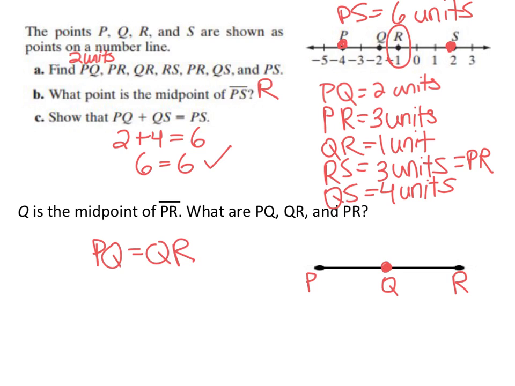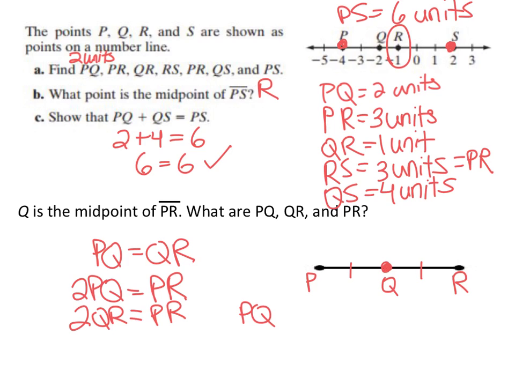This also means that if I double PQ, it must equal PR, because if this is half and this is half, doubling it would give me the whole. Or I could double QR, and that would give me PR. Or by the segment addition postulate, PQ plus QR has to give me PR.